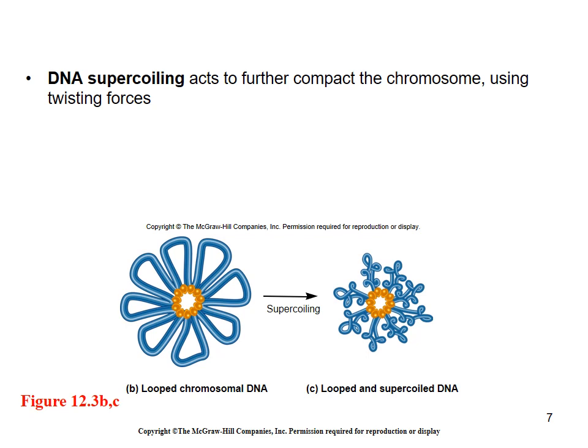And as these additional coils are given in the twisted formation and you start supercoiling your DNA, you further compact it down so that it can properly fit in the nucleoid region. So look at it go from the loop to the supercoil. And as you can see, you're just making extra coils inside of the loop, hence the name.